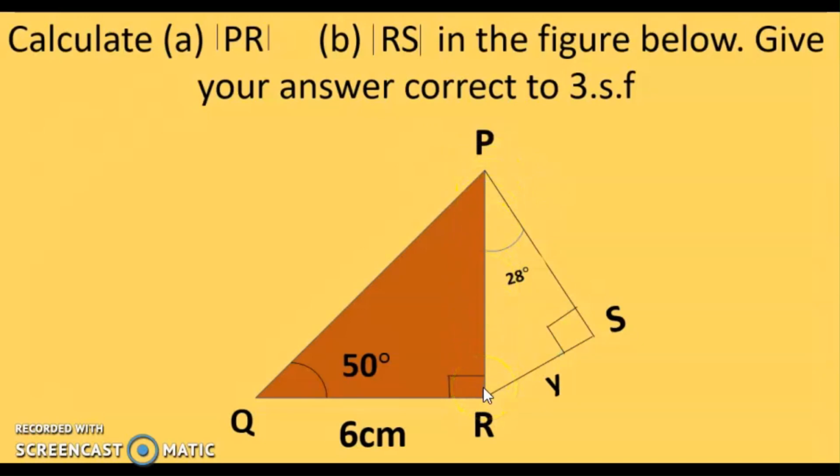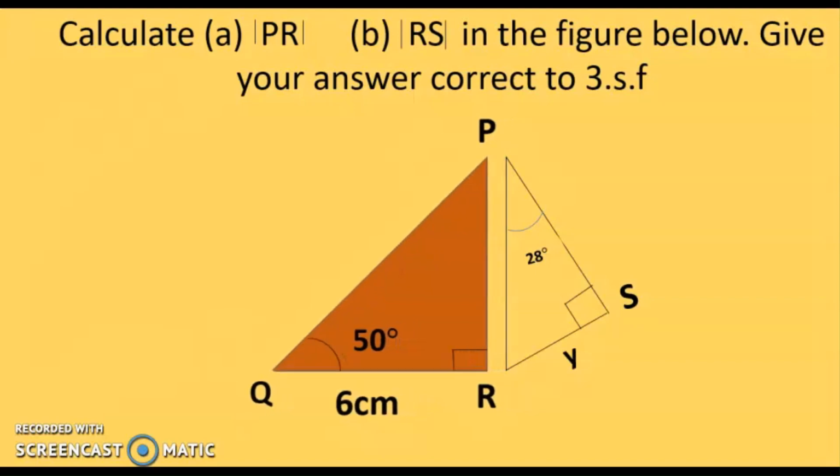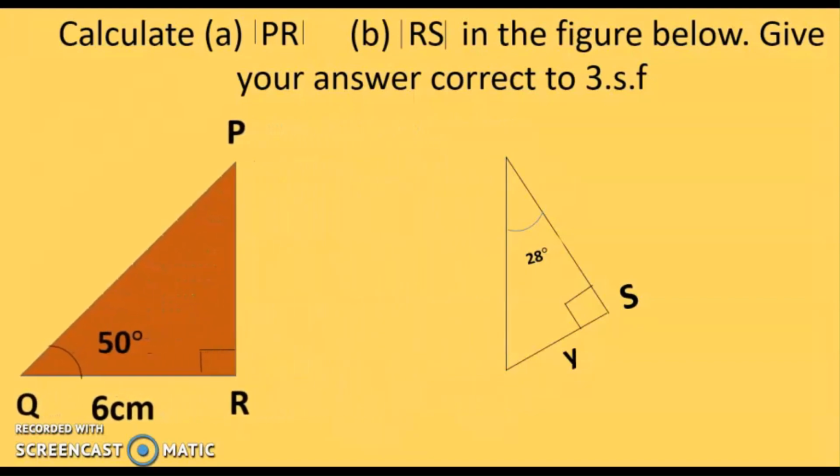Now, these two triangles have something in common, which is PR. Side PR is in the first triangle, and side PR is also in the second triangle. If I separate these two triangles, this is what I'm going to have.